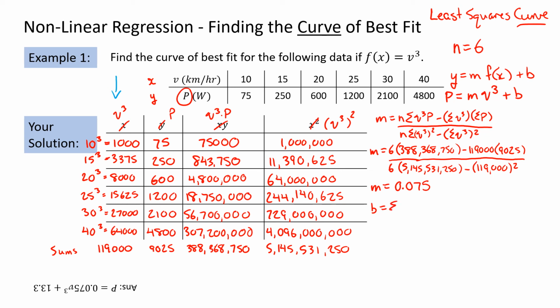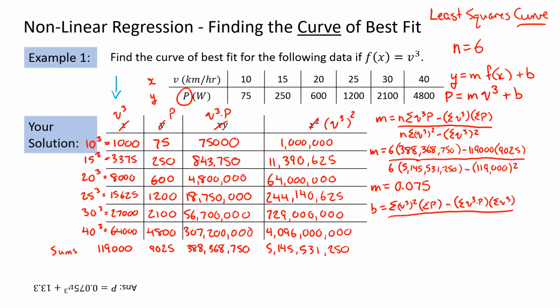So our y-intercept is the sum of our x squared, which remember is v cubed, all squared, just replacing them, times the sum of our y, which is the sum of our p terms, minus the sum of x times y, which in this case was v cubed times p, times the sum of our x terms, which is the sum of v cubed.